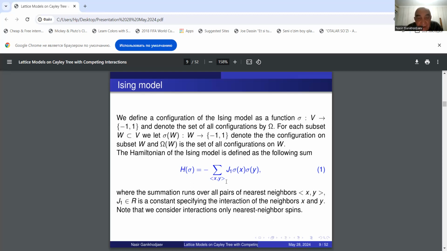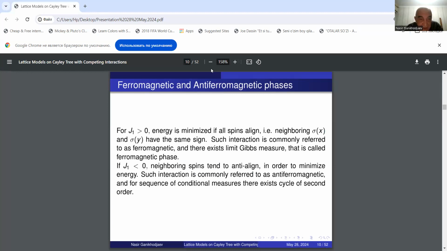So here we consider only interaction of nearest neighbors. It is the simplest model. So for J1 positive, there exists some limit Gibbs measure, which is called the ferromagnetic phase.